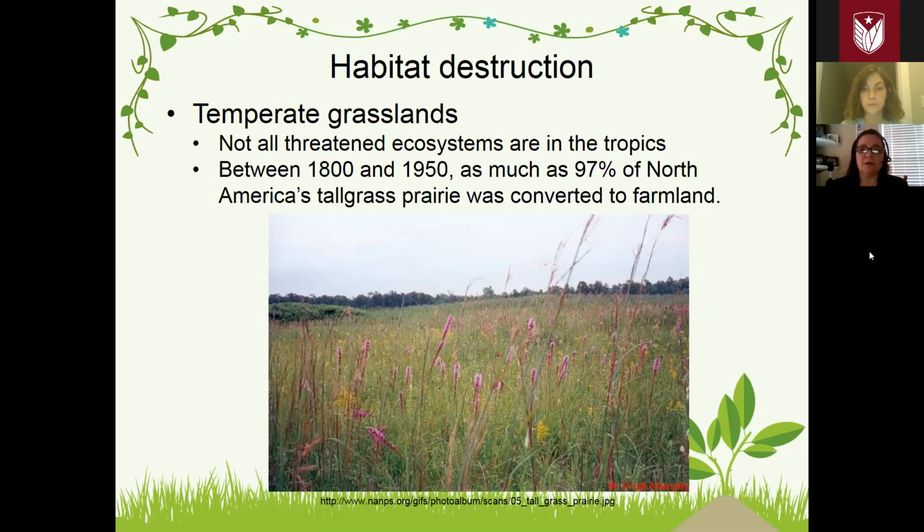I know there are a lot of places that are trying to restore prairies when they find more efficient ways to have crops and grazing and all of that. So perhaps that number will go down a little bit, who knows.